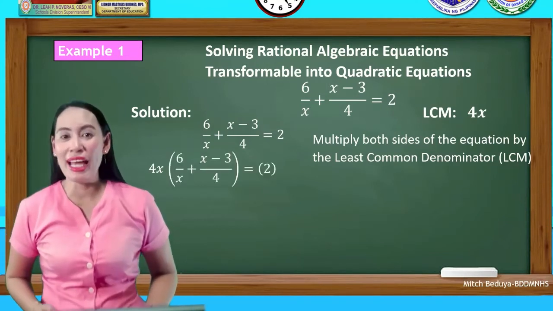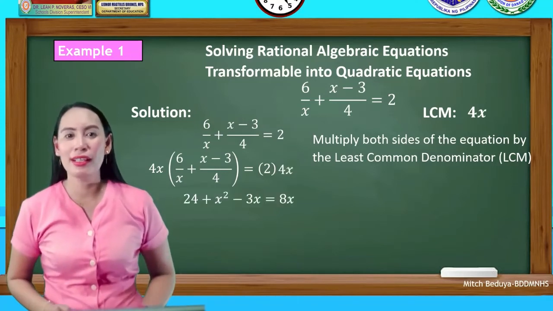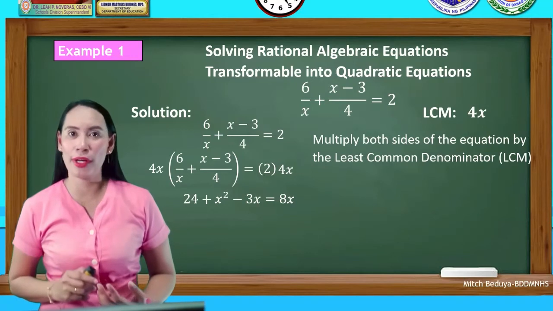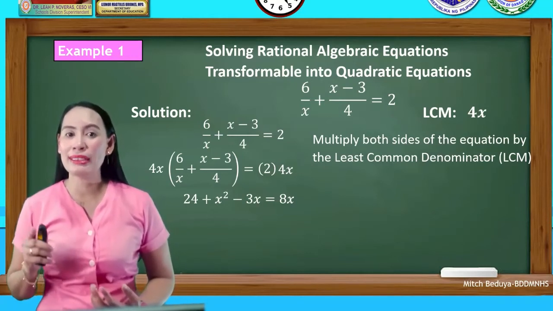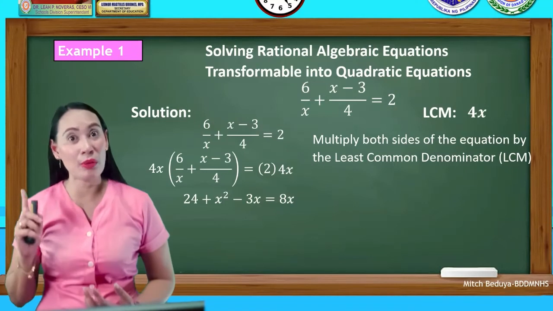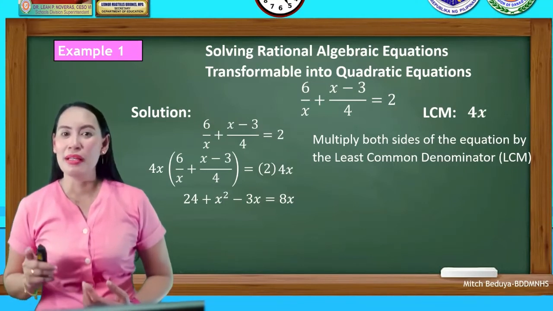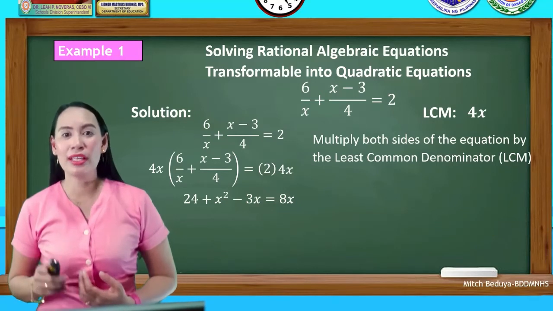The equation now becomes 24. Why is it 24? Because we will multiply 4x times 6 over x. So that is equal to 24, because x divided by x is equal to 1. Plus x squared minus 3x.